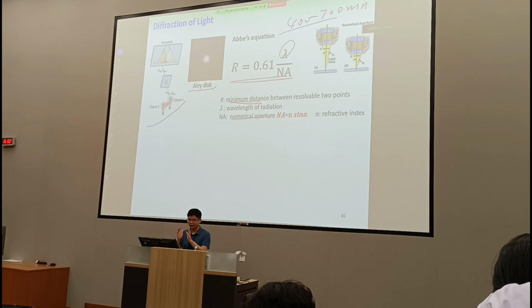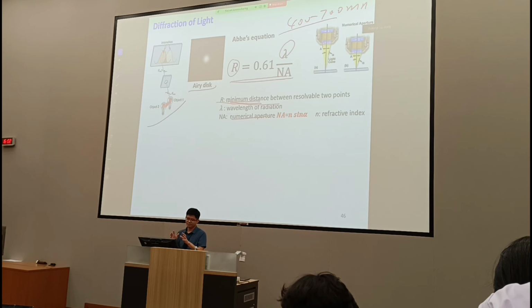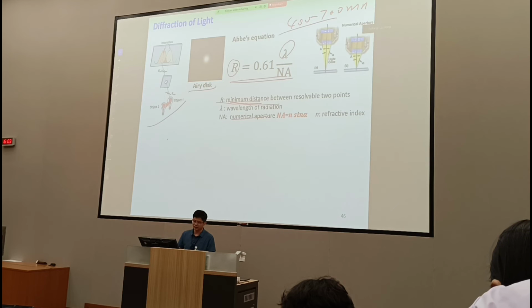You have to barely differentiate them, and that definition is given by R. At this point, the maximum of the first Airy disk overlaps with the minimum of the adjacent Airy disk. If you know theta and the size of these holes, you can do the math calculation, and then derive this equation based on this criterion. That's the resolution limit of optical microscopy.